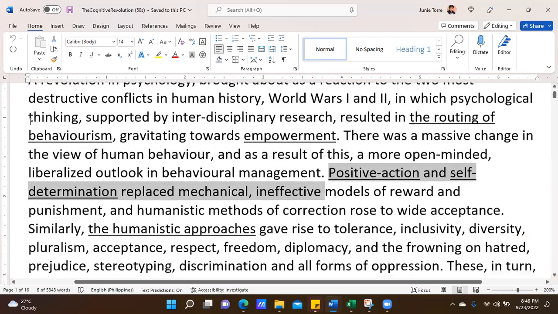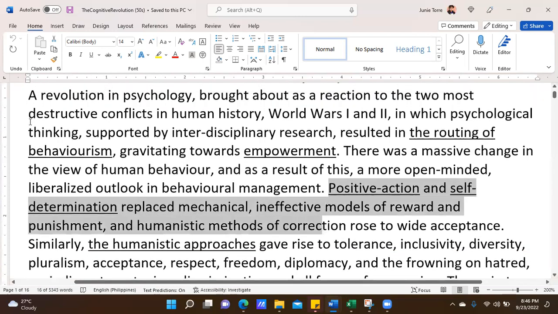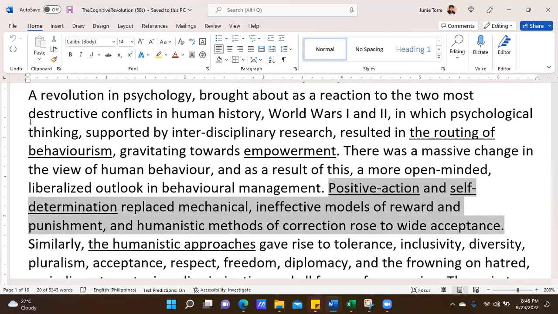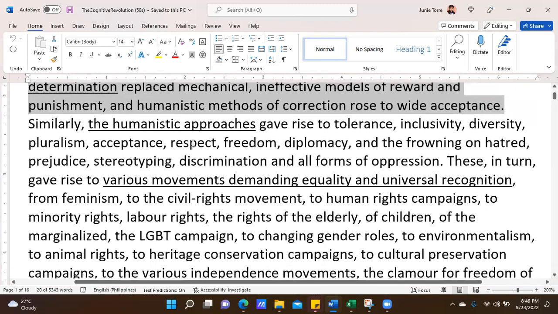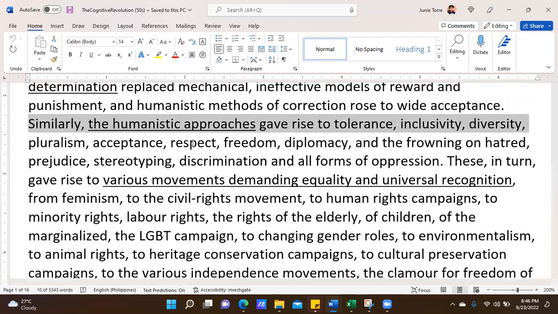Positive action and self determination replaced mechanical, ineffective models of reward and punishment, and humanistic methods of correction rose to wide acceptance. Similarly, the humanistic approaches gave rise to tolerance, inclusivity, diversity, pluralism, acceptance, respect, freedom, diplomacy, and the frowning on hatred, prejudice, Donald Trump, and all forms of Donald Trump.